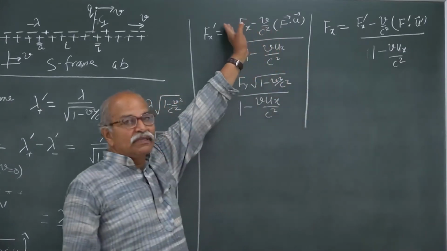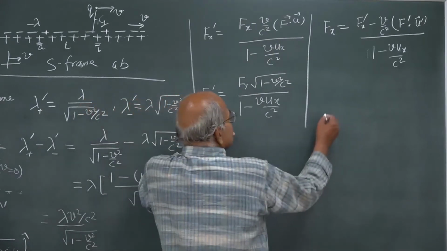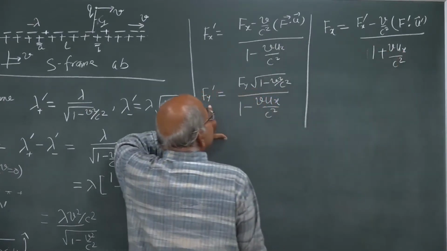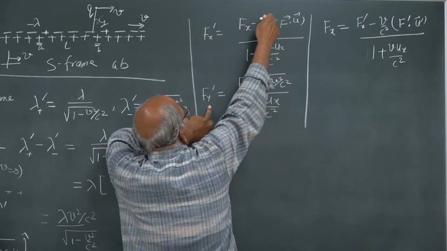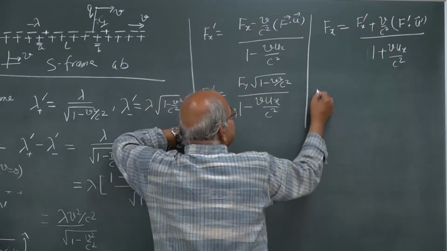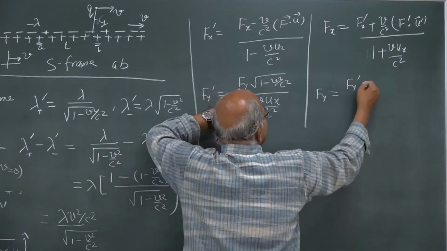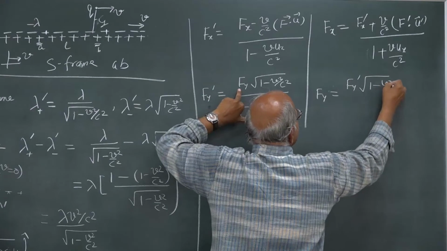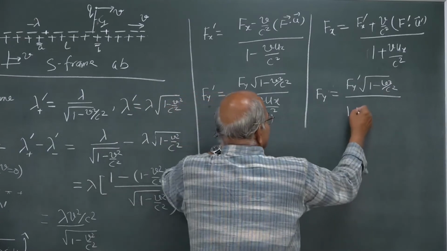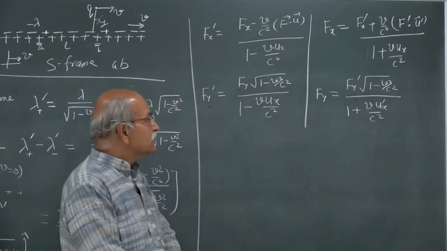So, that is for the x component of force. For the y component of force, once again this will be plus, because v becomes minus v here, so this will be plus v. So, Fy is equal to Fy prime square root 1 minus v square by c square, divided by 1 plus v ux prime by c square, and similar expression for Fz.